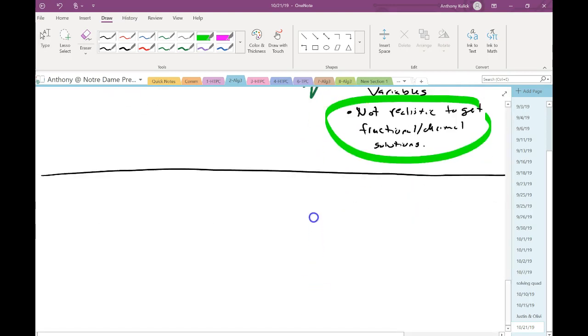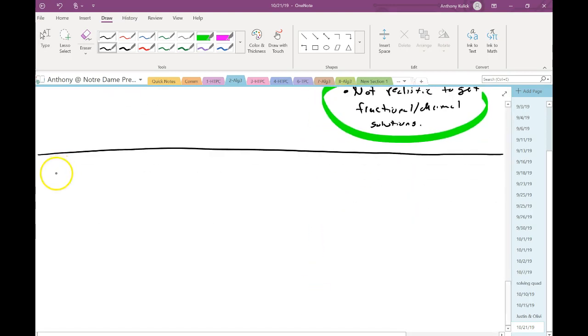So we're going to move on to some algebraic methods that don't require the use of a graph or geometry to be able to solve them. The first one we're going to talk about is called substitution.